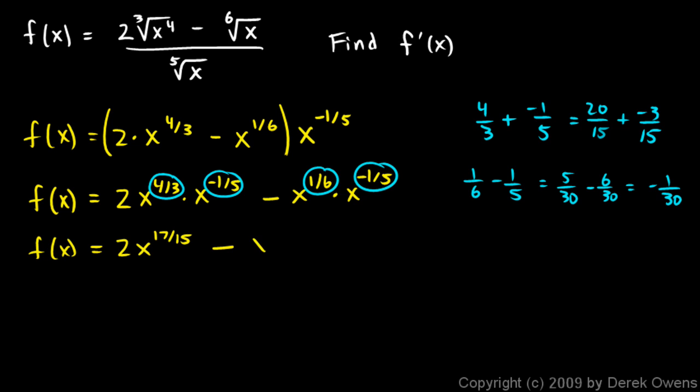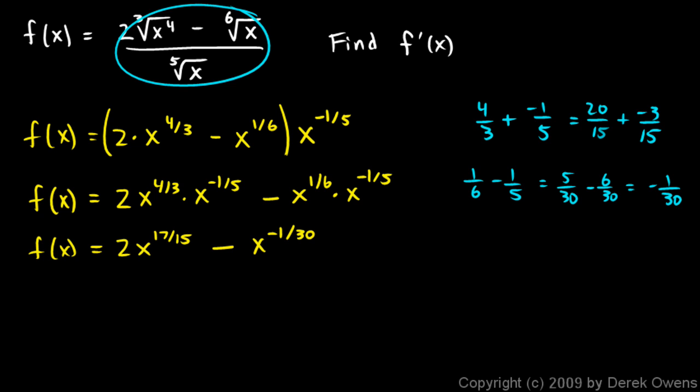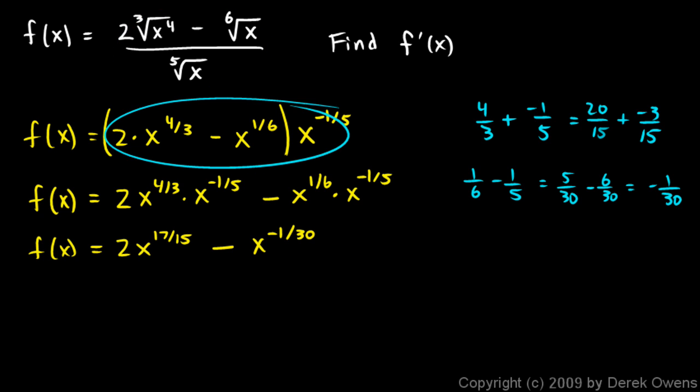So this is x to the negative 1 over 30. And now I can take the derivative. This is just a power function, and so is this. Taking the derivative of that will be a lot easier than doing the quotient rule for this, or even the power rule for this. So let's take the derivative now.